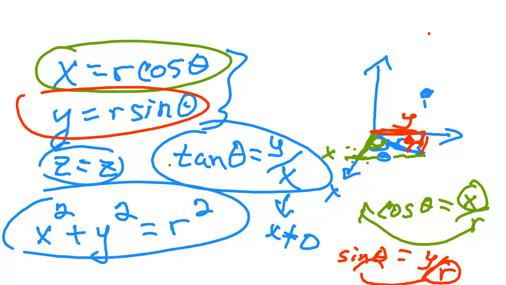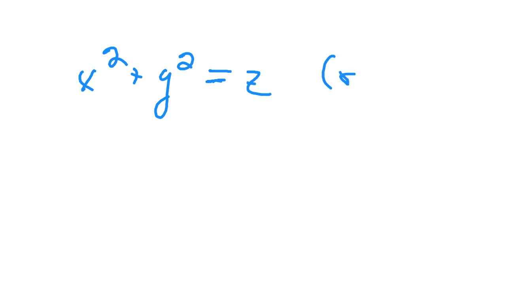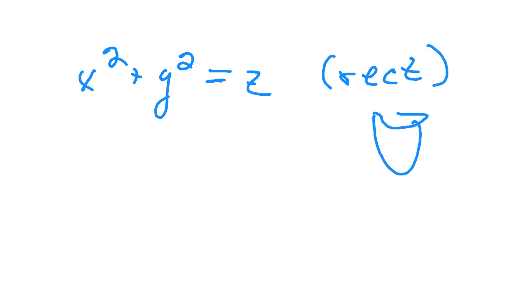And so let's go back, as long as it lets me keep writing here. Let's go back to our equation. We had x squared plus y squared equals z, sorry. And we had this in rectangular coordinates, and it was the circular paraboloid, right? Circular paraboloid, sitting on the origin and coming around like that.